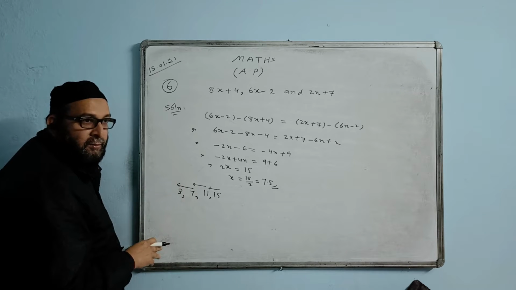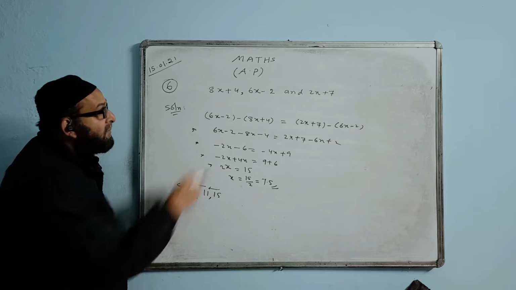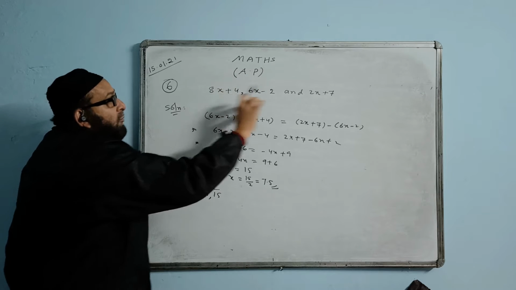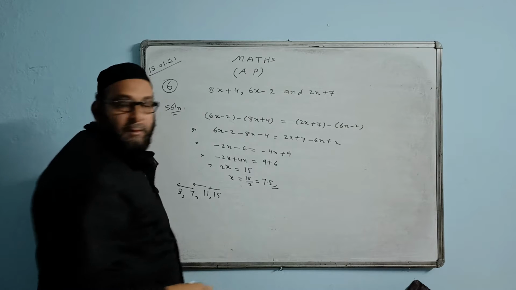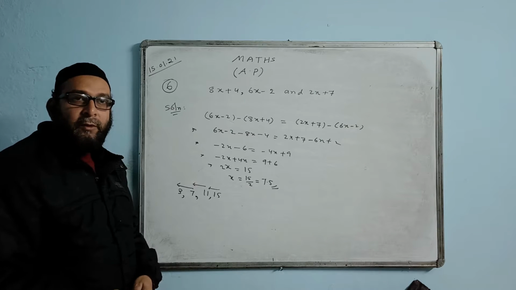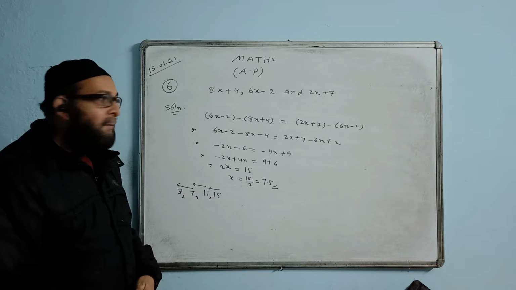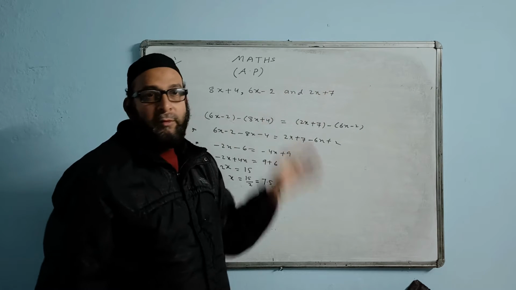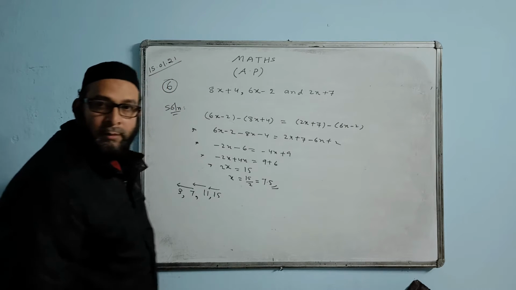Is the difference the same or not? That's why when you subtract this number minus this number, that will be equal to this number minus this number. The difference is common. Even if there are more numbers, that minus that will all be equal.